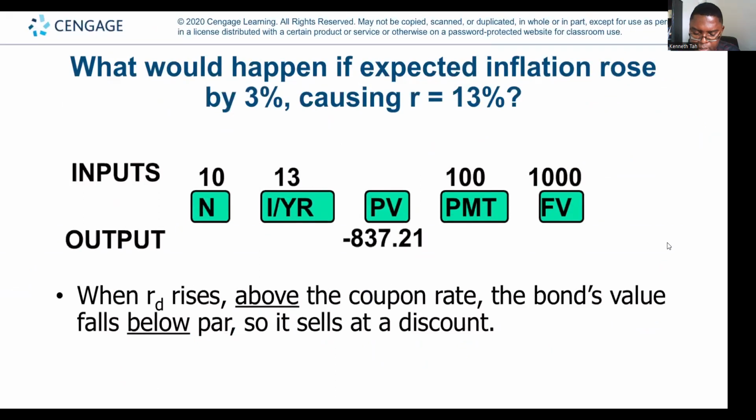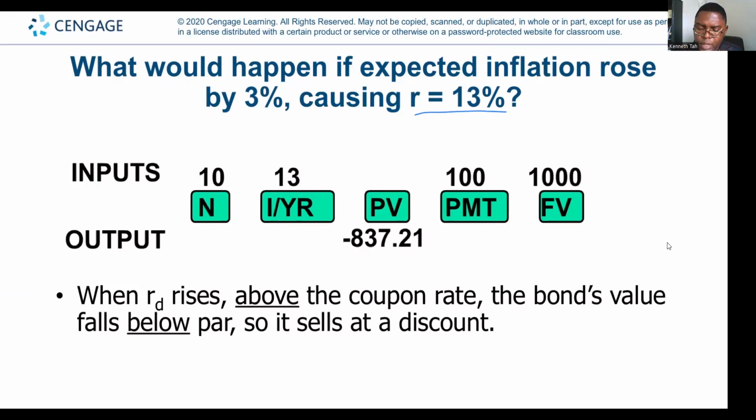So let's look at this. This question says, what happens if expected inflation rose by 3%, causing the yield to increase to 13%? So what we are finding now is that yield is going up. Our yield to maturity is 13%.